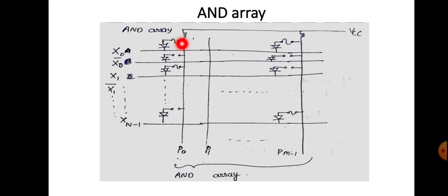The connection is established with the help of a series connection of a diode and a fuse link. You can see here, this is a fuse link. If a connection is needed, then the fuse link is intact. If no connection is needed, then the fuse will be burned. That is shown here. So the fuse is opened. Whenever the fuse is opened, there is no connection. Whenever the fuse is there, then there is a connection.